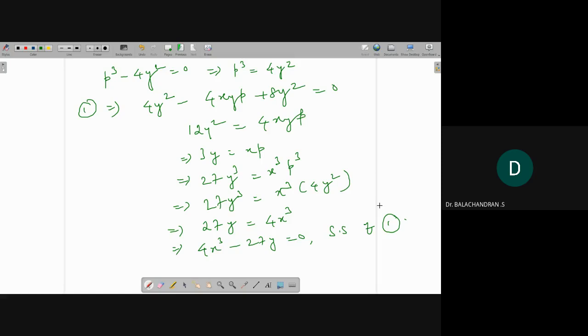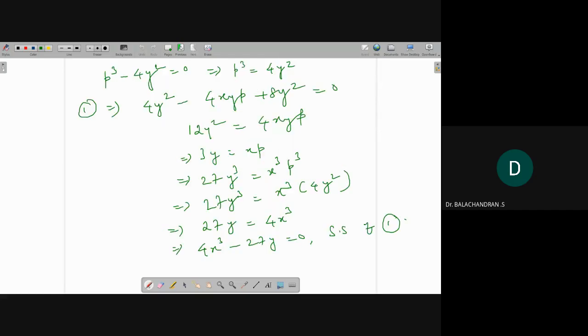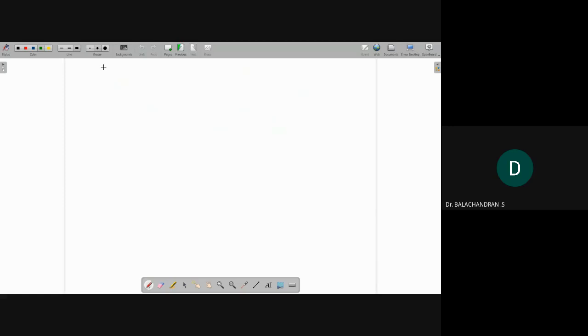So now similarly you need to get the general solution. For this you should equate p minus 2y into dp by dy equal to 0. Okay.